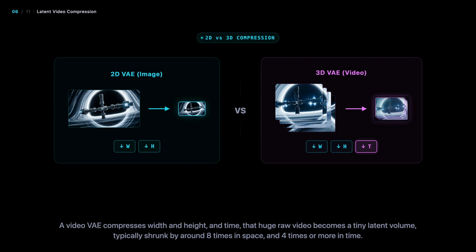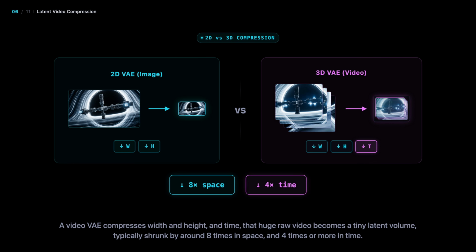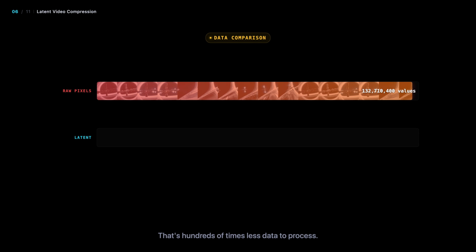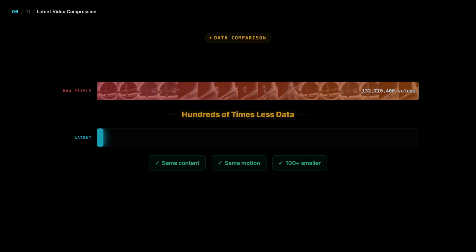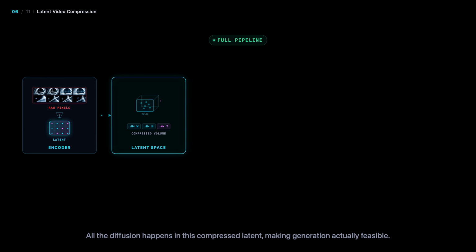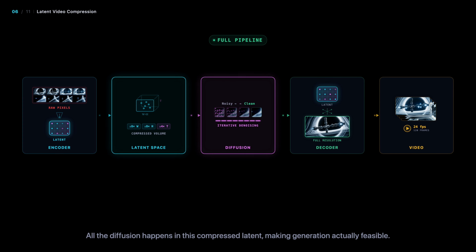A video VAE compresses width, height, and time. That huge raw video becomes a tiny latent volume, typically shrunk by around 8 times in space, and 4 times or more in time. That's hundreds of times less data to process. Same content, same motion, just packed into a much more compact form. All the diffusion happens in this compressed latent, making generation actually feasible.